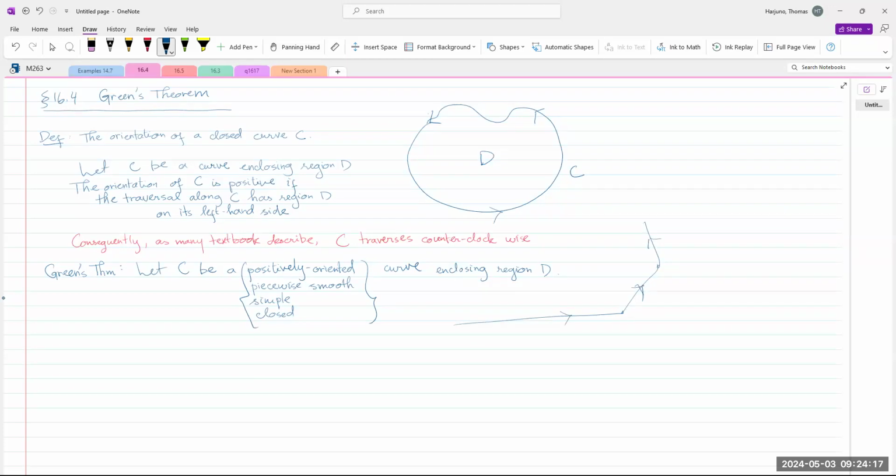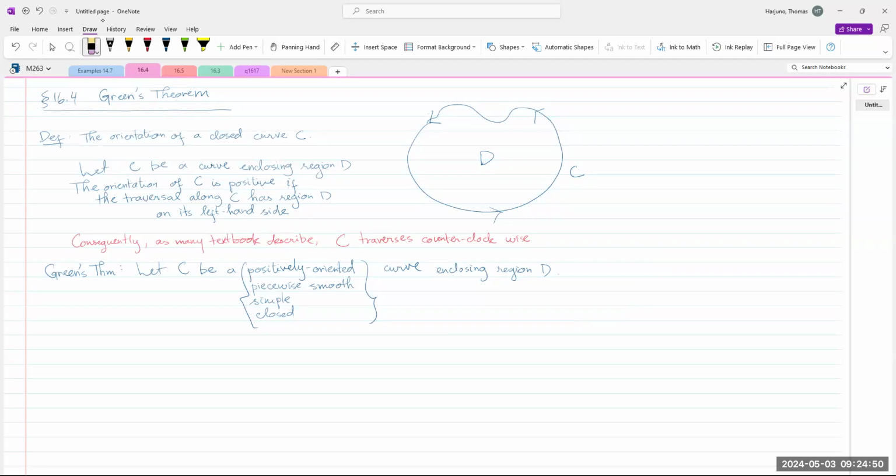When you do r'(t) along this path, you're okay except at this one point, but then you can continue, and it forms a closed circle. Simple means it doesn't intersect itself, right? Remember the simple and non-simple. Closed curve means the initial point of the curve is the same as the terminal point of the curve.